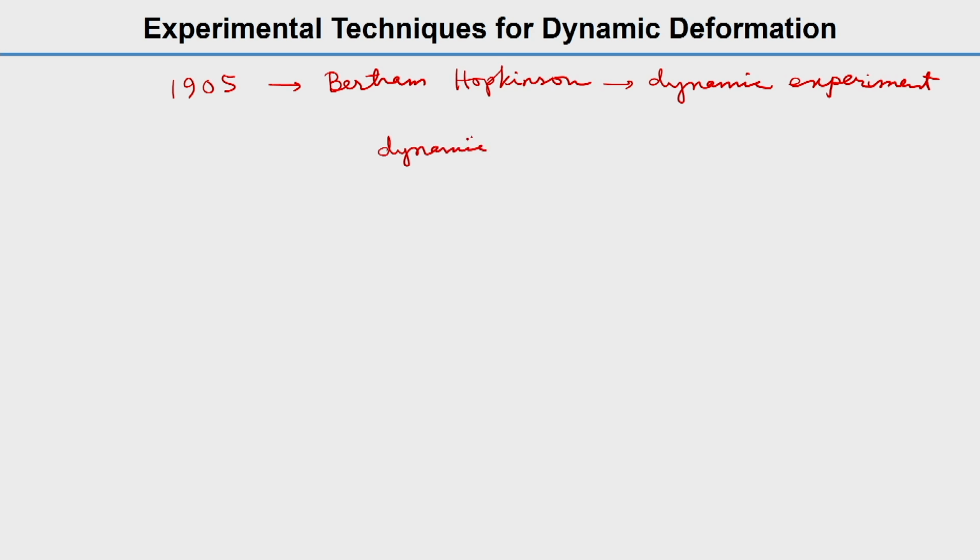In 1905, Bertram Hopkinson first tried a dynamic experiment on material, and came to the conclusion that the dynamic strength of the materials is at least twice their strength at low strain rate.